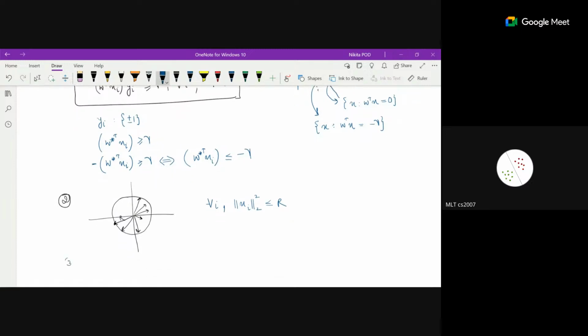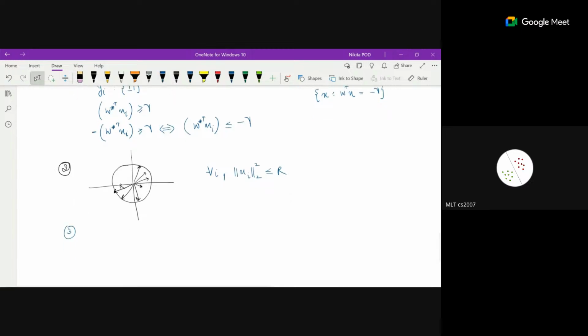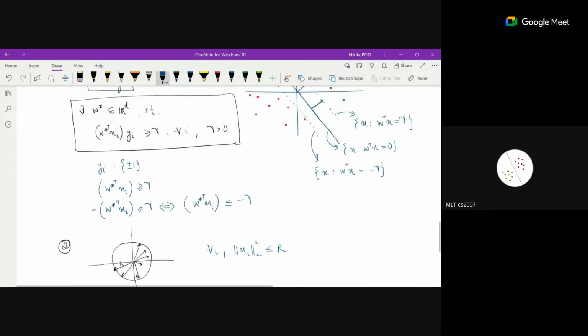And one more assumption that we're going to make is that my w star, the length is equal to 1. These assumptions are just for simplicity. So we are assuming that the length of w star is equal to 1. Based on these three assumptions, we are going to prove the convergence of my perceptron algorithm.